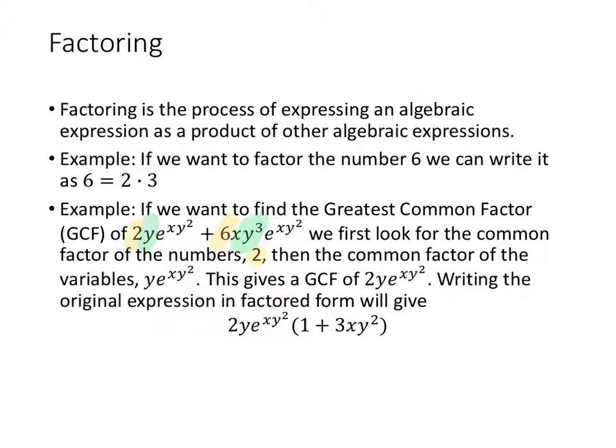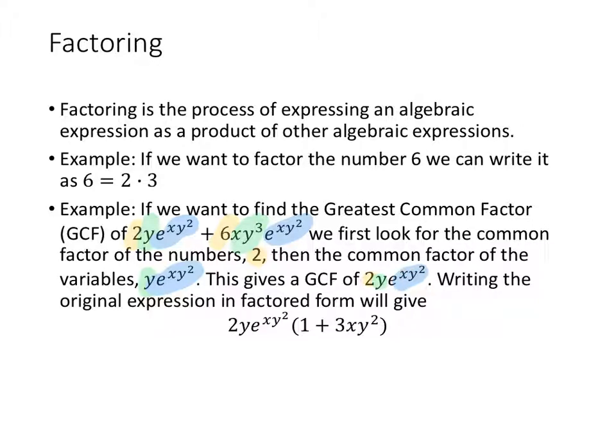This variable part also has a y. So they have the y in common. And then I notice this whole e to whatever, it's the same. E to the xy squared is the same for both of them. And so if I put these together, I have my greatest common factor of 2y e to the xy squared.